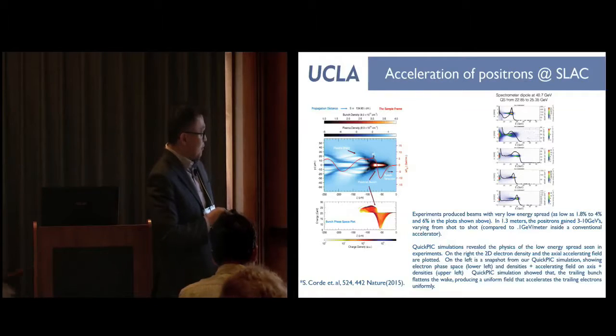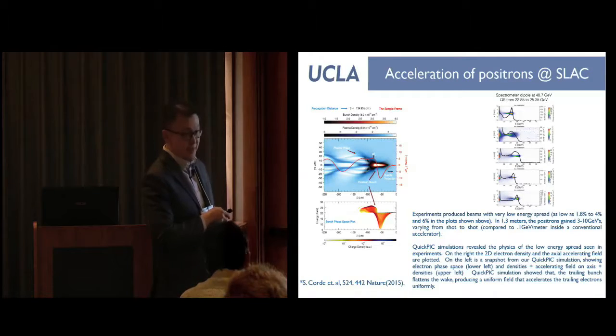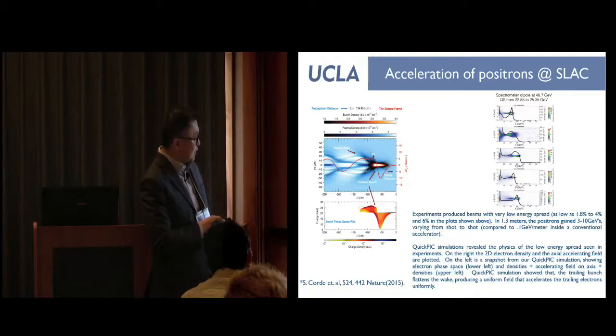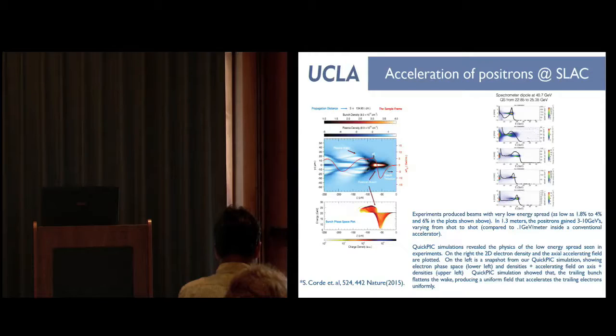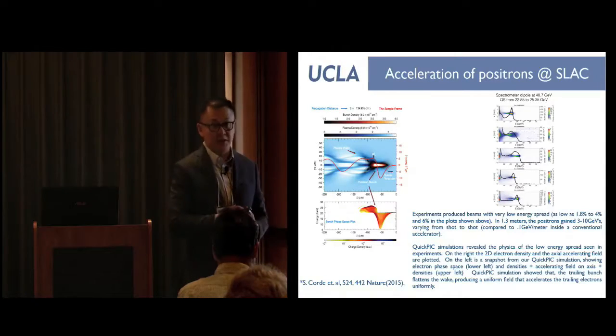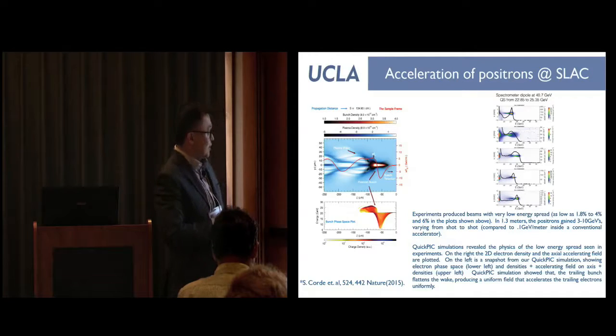Therefore, all the positrons are being accelerated at the same rate. If you see the movie, you will see that all the positrons in the trailing bunch are being accelerated at the same rate, and they move up in phase space roughly at the same rate, leading to these monoenergetic features in experiments. So simulations gave us a lot of insight on these features observed in the experiments.